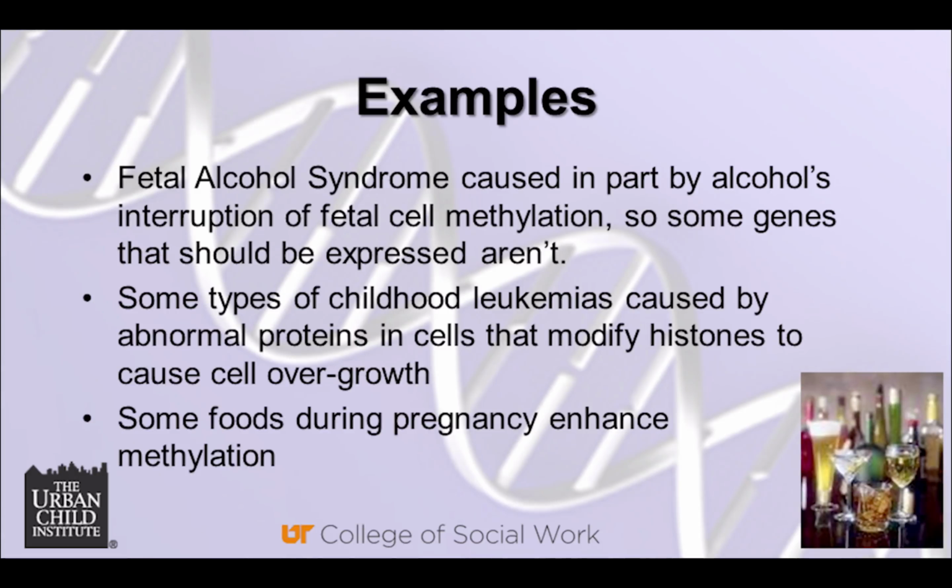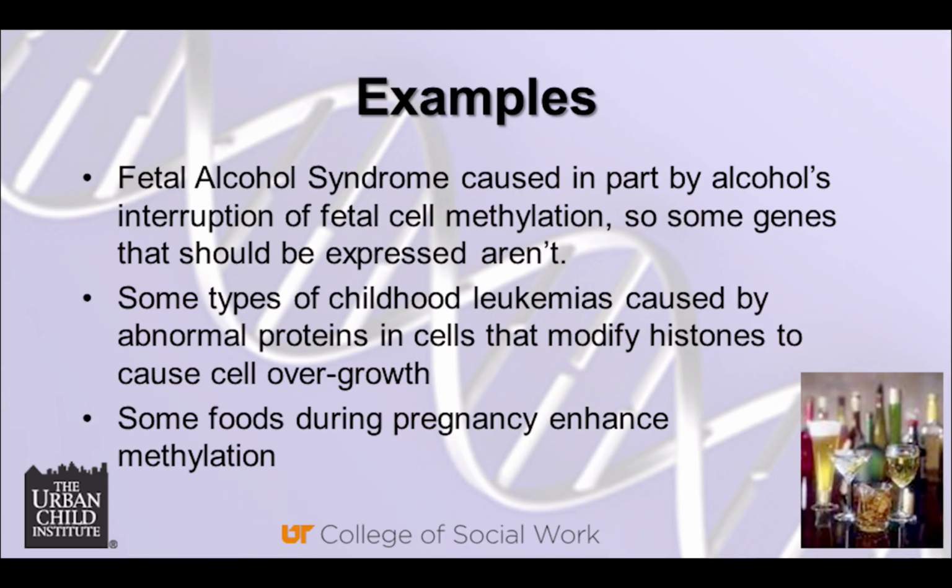So some genes that ought to be expressed aren't. So, for instance, many fetal alcohol syndrome children have heart defects because the methylation was disturbed when the heart was forming. They have different facial characteristics because methylation is disrupted during formation of the skeletal structure.